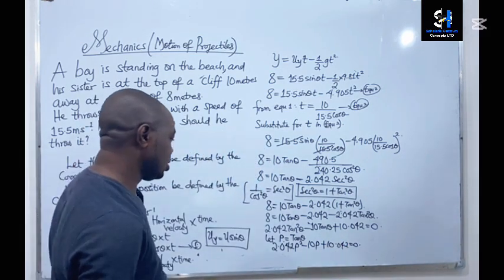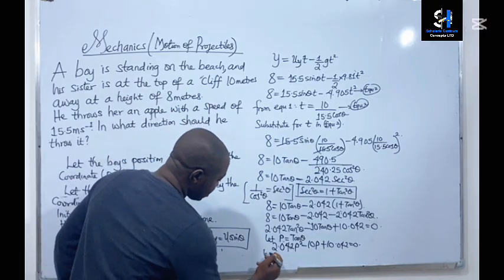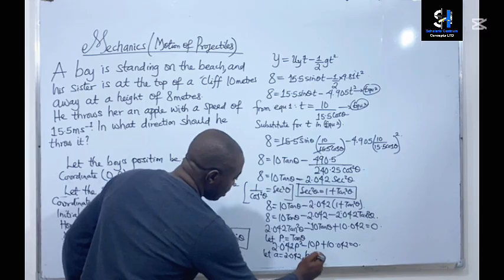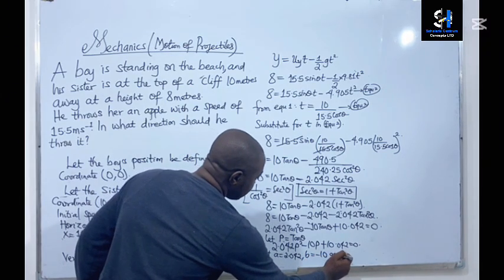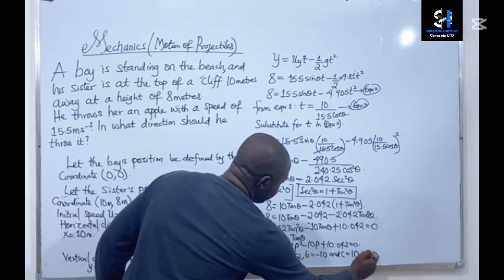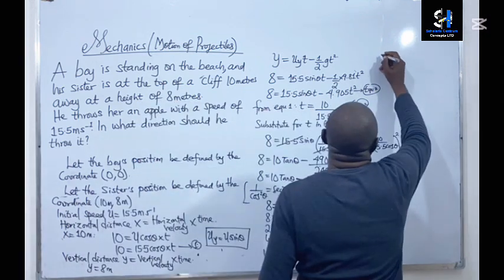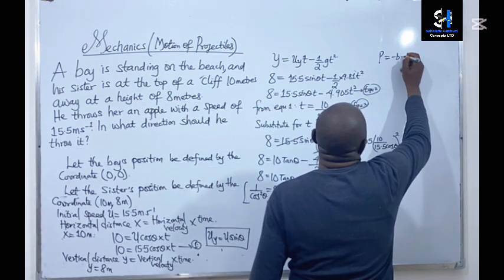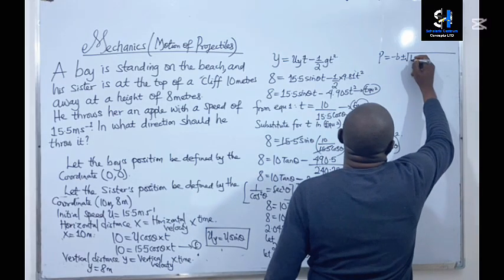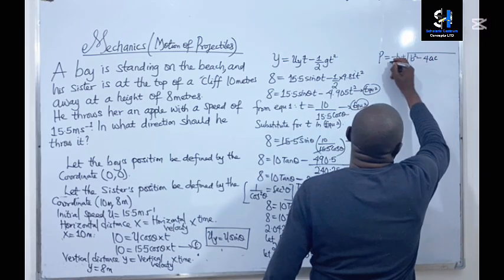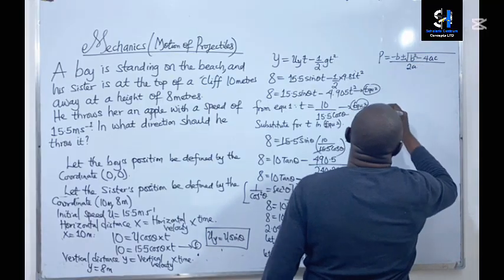So we have a quadratic. Let A equal 2.042, B equal negative 10, and C equal 10.042. We are using the quadratic formula, so P equals negative B plus or minus the square root of B squared minus 4AC, over 2A.